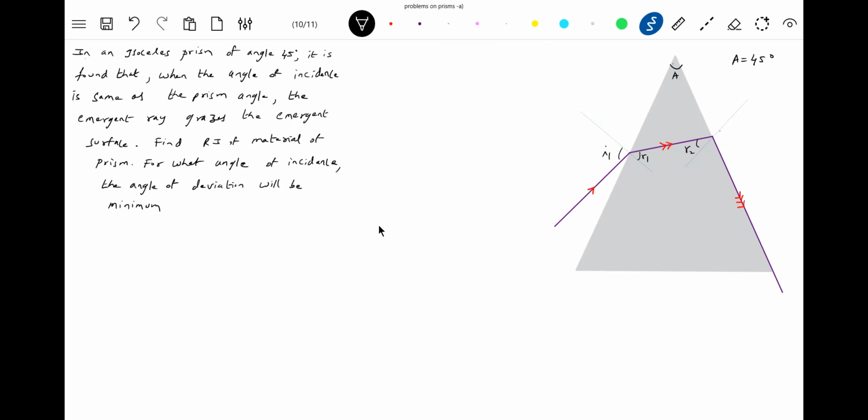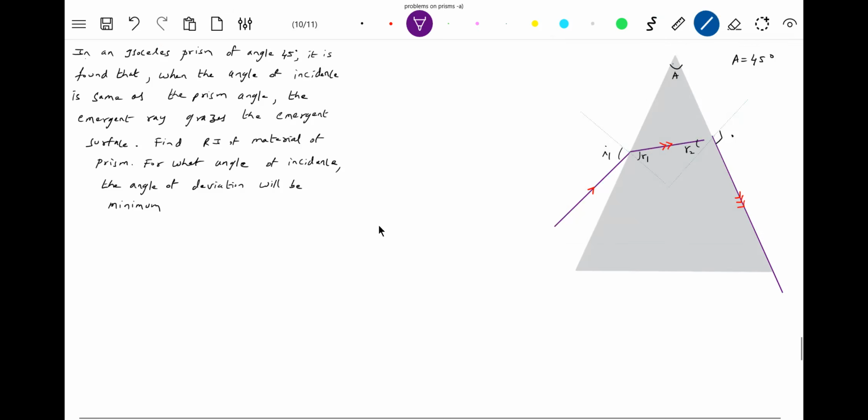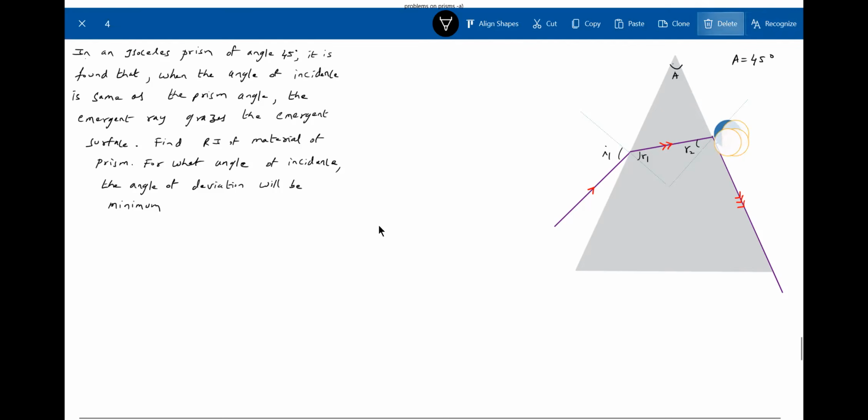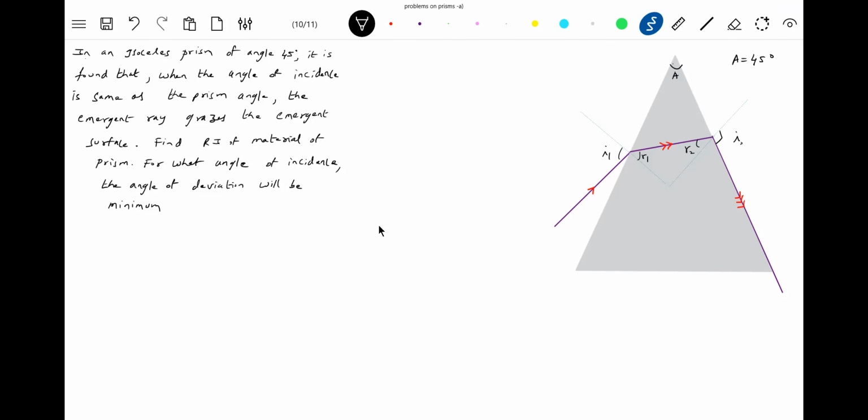I think this must be 90 degrees, I2 90 degrees. Let's write the equation.